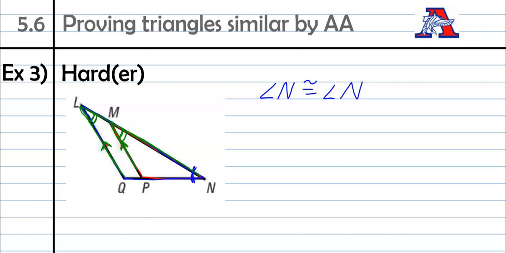It's going to be a little bit of work to write this out. We're going to go angle NMP. So this angle here, NMP, is congruent to angle, and there are a couple different ways we can name it. I'm going to go NLQ. You certainly wouldn't have to do it that way, but that's how I'll do it.